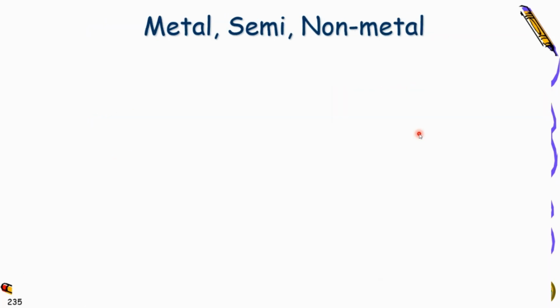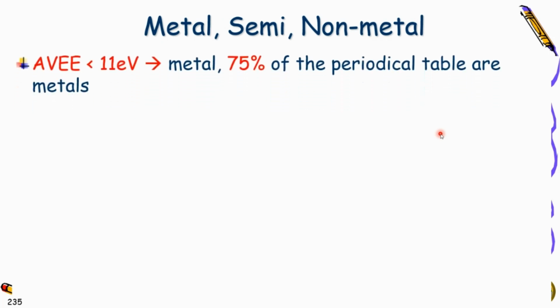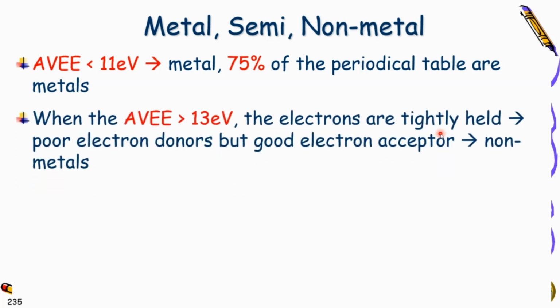So this is metal, semiconductor, and non-metal. In the periodic table, metals make up about 75% of the elements. The rest, 25%, are semiconductors and non-metals. In the metals, AVE is less than 11 electron volts. When the AVE is larger than 13 electron volts, the electrons are tightly held.